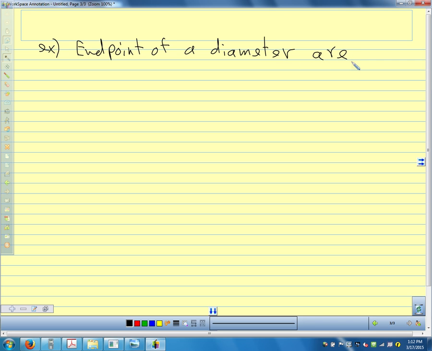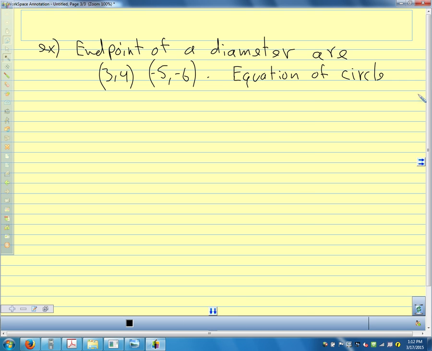So the endpoints of the diameter of our circle are 3, 4, and -5, -6. We want the equation of the circle. We got a little bit more to do here, not a lot.